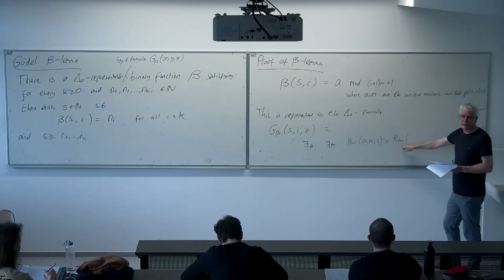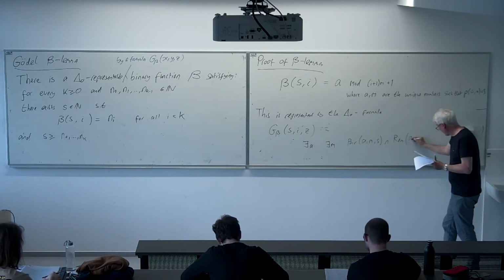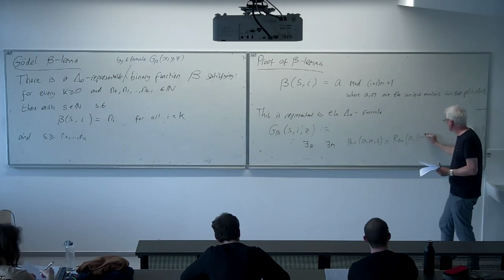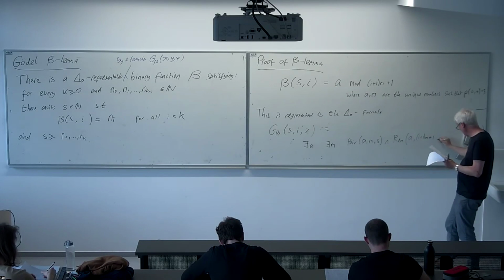Sorry, did I call it rem before? Yeah. So the remainder of a when divided by (I plus 1) times m, with 1 added to that whole value, the z.